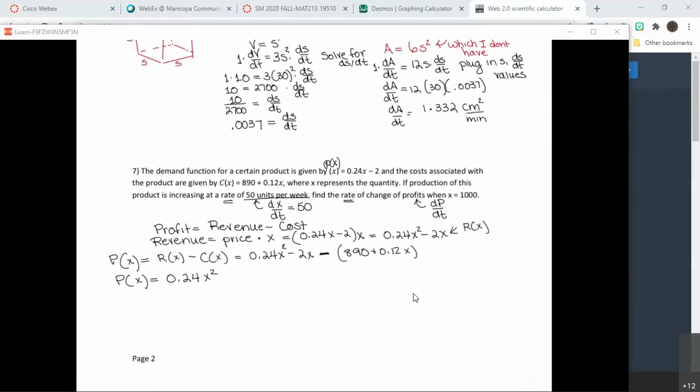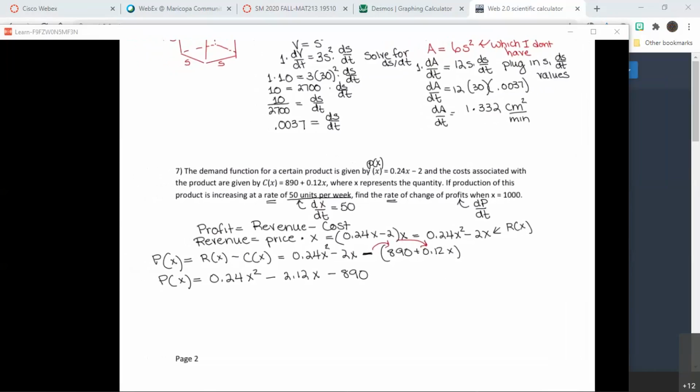But it's minus, minus again, so they're both negative. So I'm taking another 0.12 from negative 2, so minus 2.12x. And then the 890 will also have a minus sign in front of it. Again, remember, distribute your negative signs. Just trying to make sure I have the right profit equation.